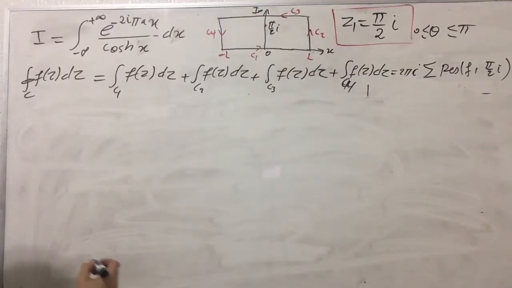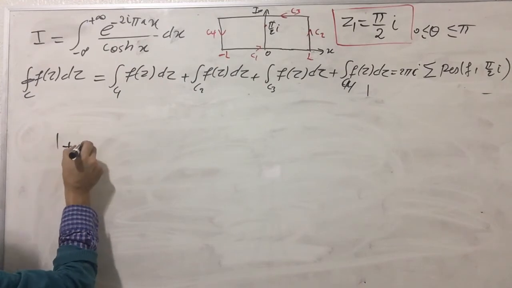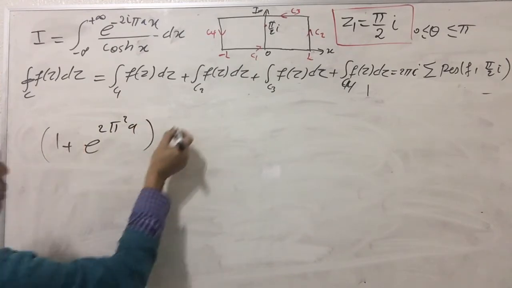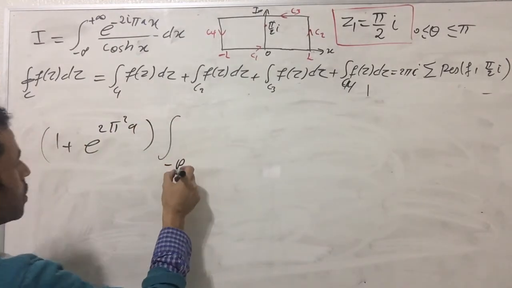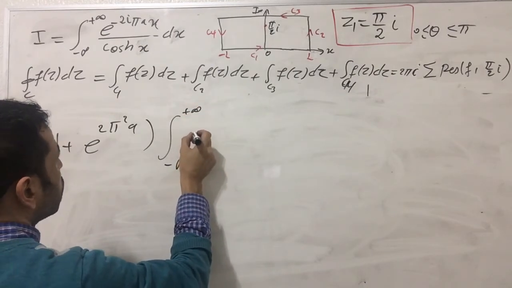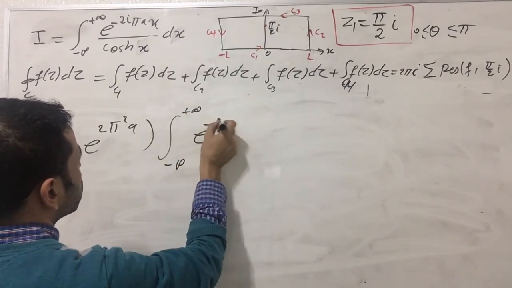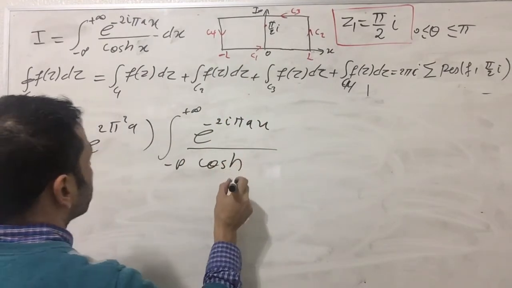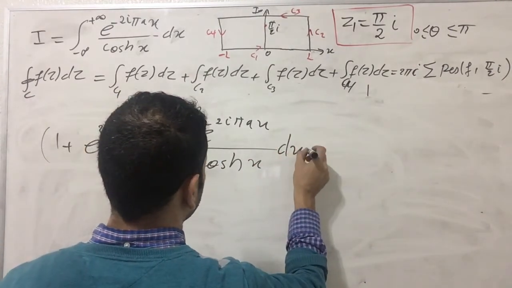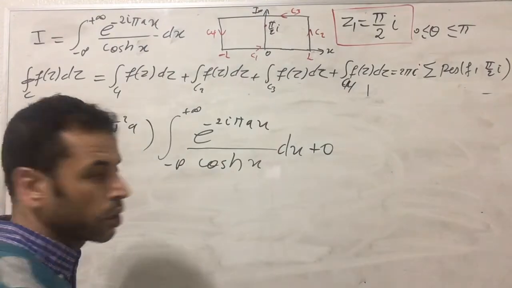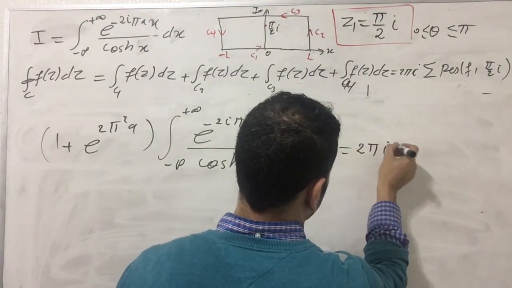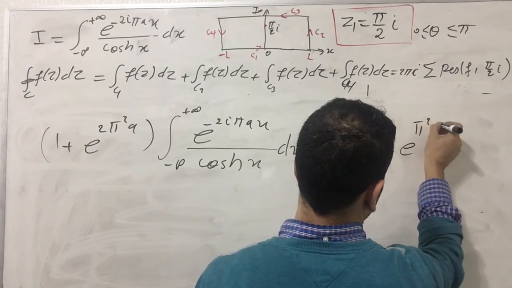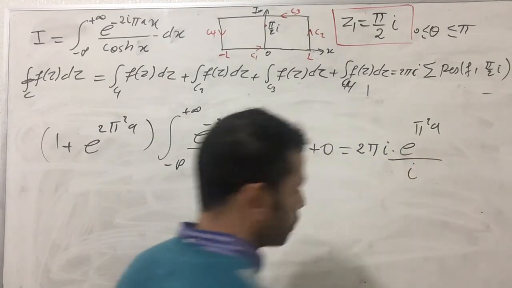Okay, now I have 1 plus e to pi squared a multiplied by this integral from minus infinity to plus infinity of e to the minus 2i pi a x over cosine hyperbolic function of x dx, plus 0, equal to pi i multiplied by the residue of this function, which is e to pi squared a over i.